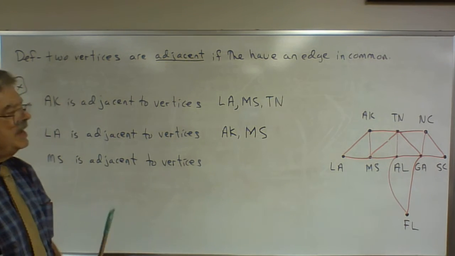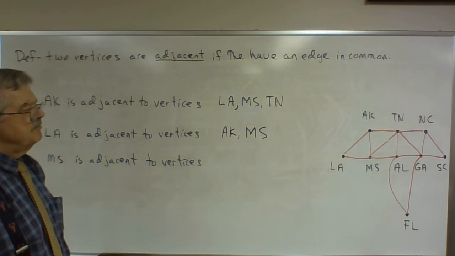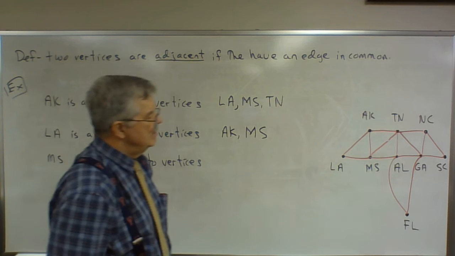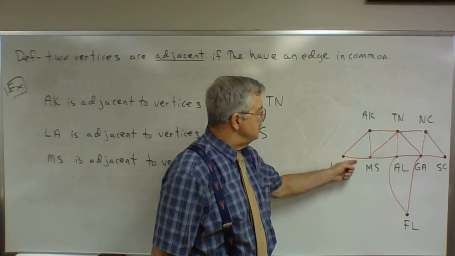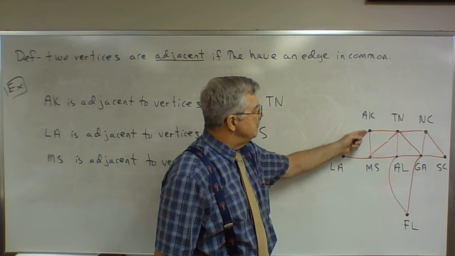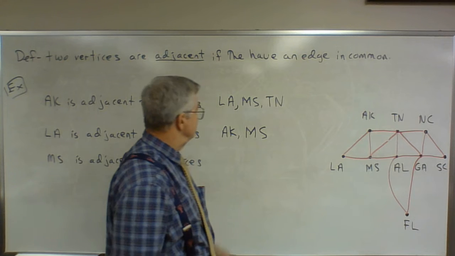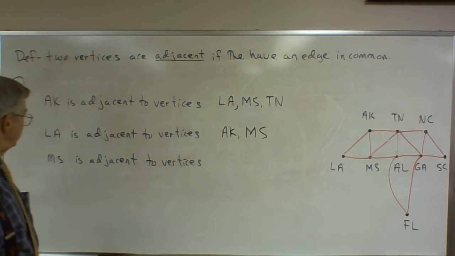And Louisiana does not have any other edges. Louisiana has 2 edges. It's going to be adjacent to the states that those edges are connected to, Arkansas and Mississippi. That's it for Louisiana.